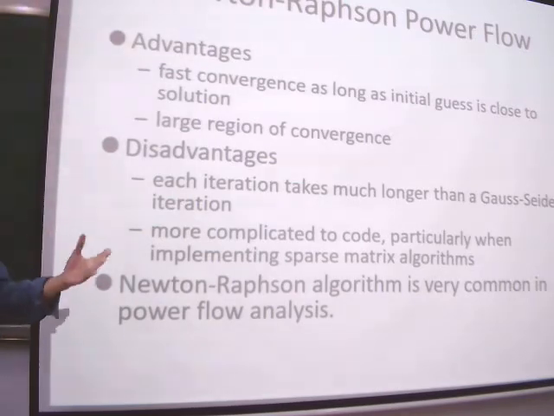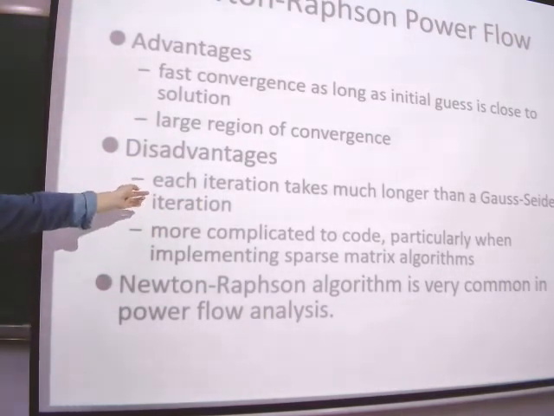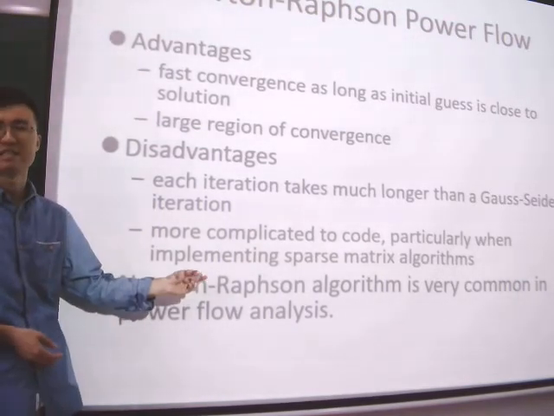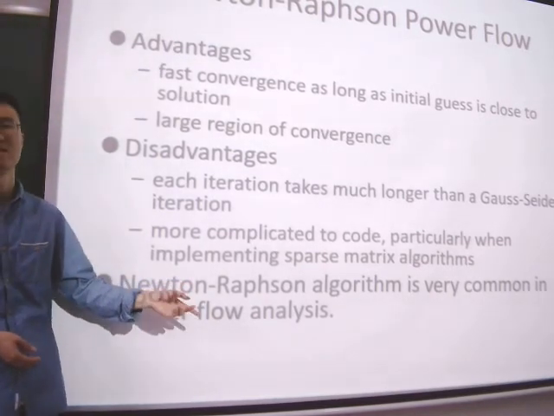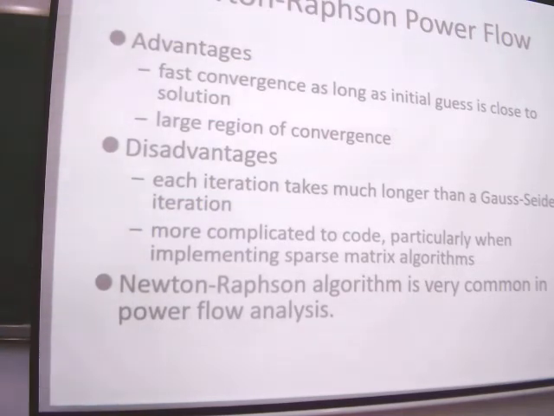Gauss-Seidel is a very simple formation of the iteration method, but Newton-Raphson is more difficult, and much more difficult to code. However, it is one of the most commonly used algorithms to compute the power flow.